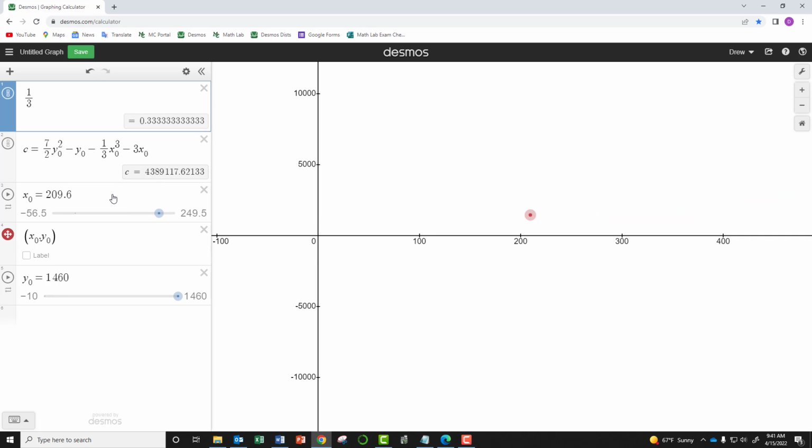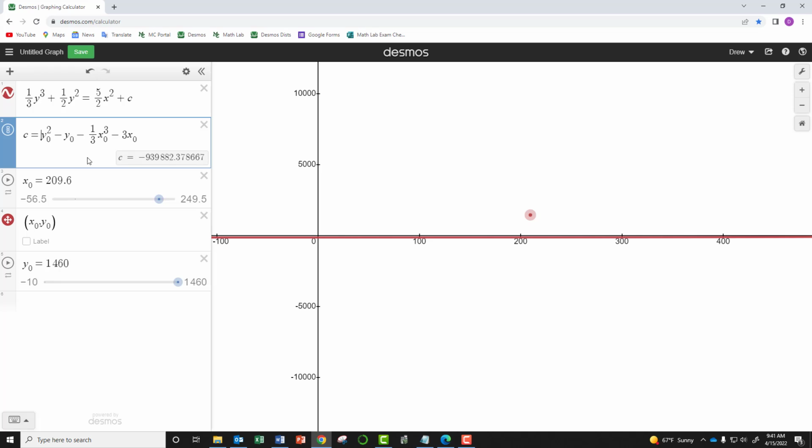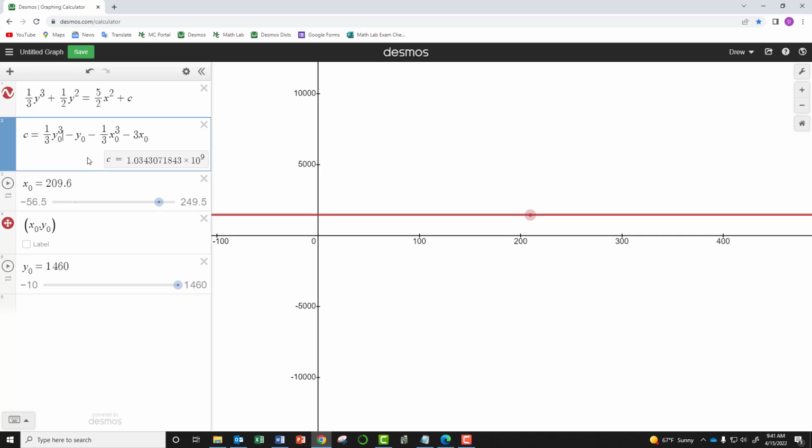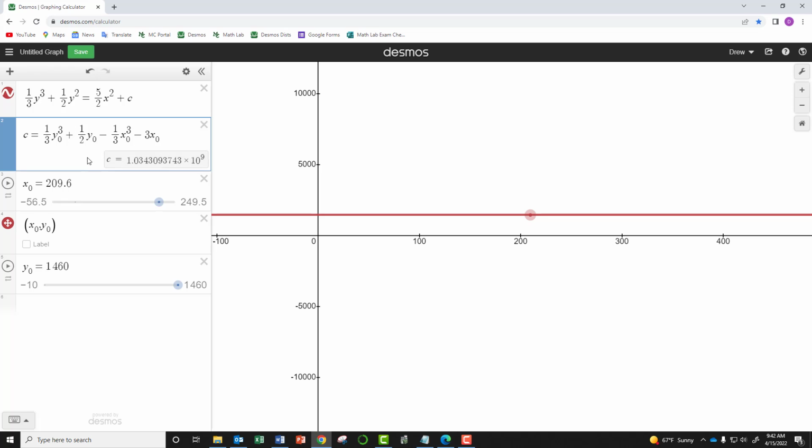It is 1/3 y cubed plus 1/2 y squared equals 5/2 x squared plus c. And so again, c is equal to 1/3 y naught cubed plus 1/2 y naught squared minus 5/2 x naught squared.